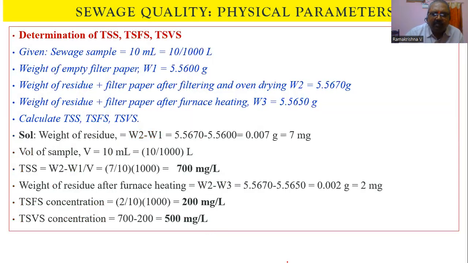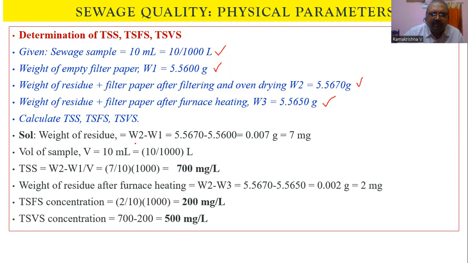So let us take a small example to understand. Let us take a small sample of 10 ml in the jar, the upper jar. 10 ml means 10 by 1000 liters, and the weight of the empty filter paper is 5.56 grams, and the weight of filter paper plus residue after oven drying is 5.5670, and after furnace heating this is 5.5650 grams.